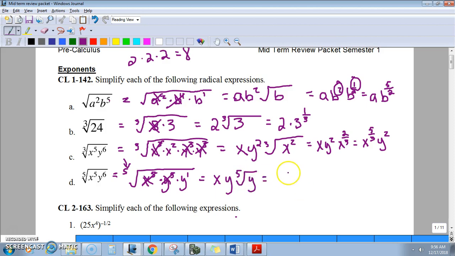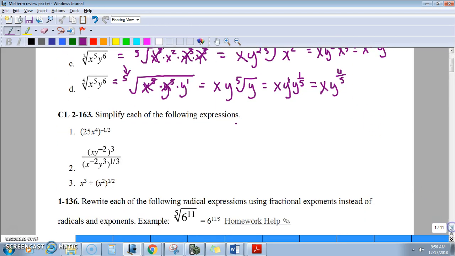That's xy times y to the 1/5, which could be x times y to the 6/5, because 1 plus 1/5 is 1 1/5, which is the same as 6/5. And all of those are equivalent expressions.